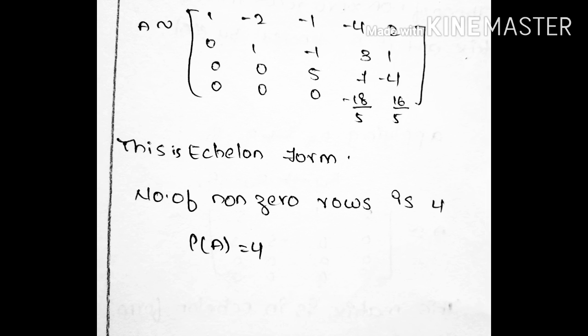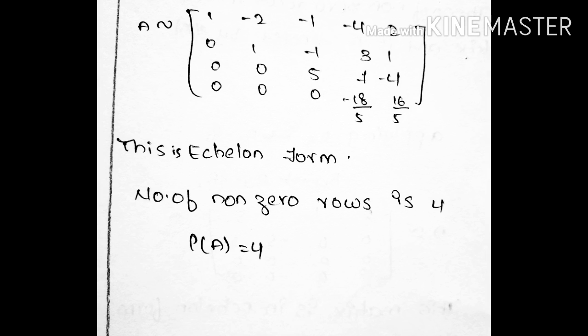Now see, here the first row is a non-zero row, and in the second row I have 1 zero, third row I have 2 zeros, and fourth row I have 3 zeros. So zeros are in increasing order before the first non-zero element. So the matrix is converted into the echelon form.